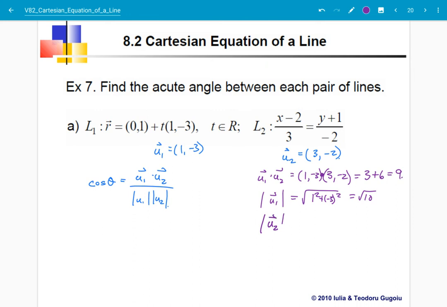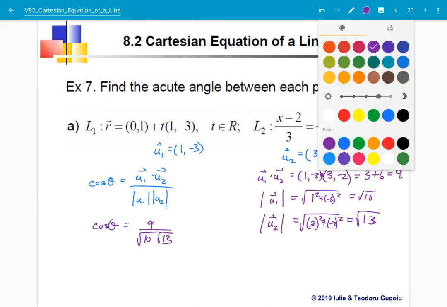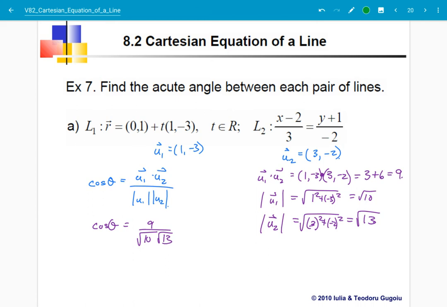Magnitude of u2 then is root of 3 squared plus -2 squared, root of 13. So cos theta will be 9 over root 10, root 13. And you grab your calculator and you inverse cos, and you get theta, 37.87 degrees.